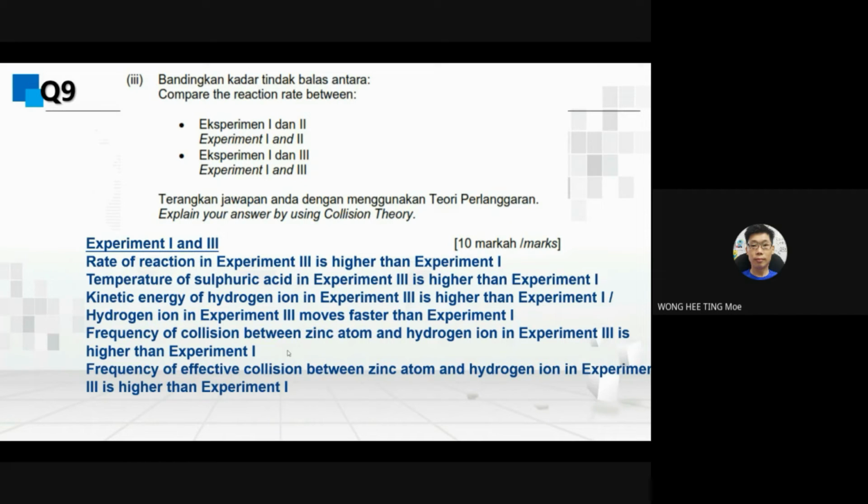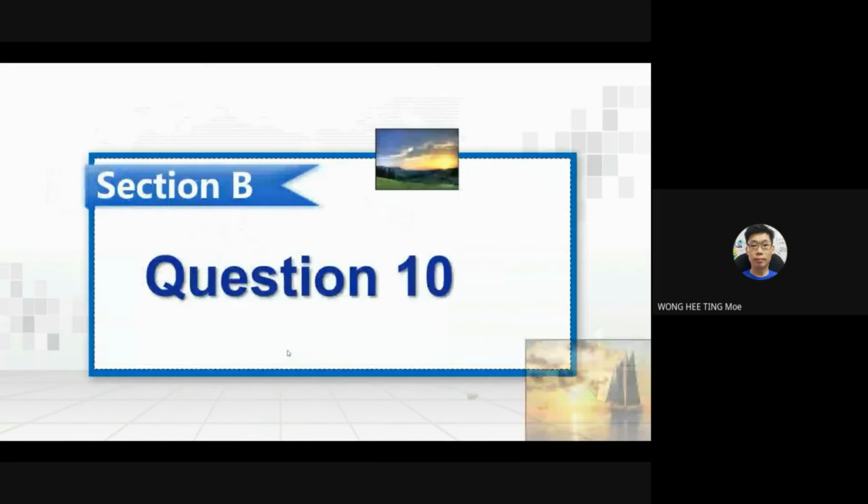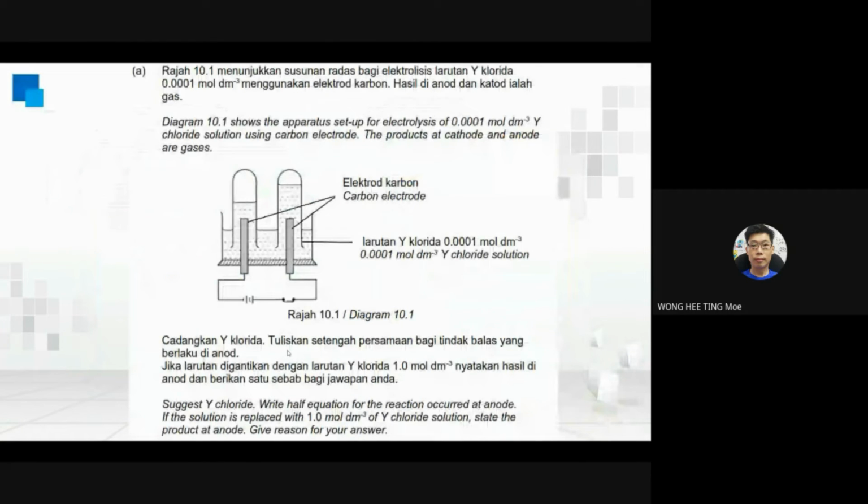Okay, now question number 10. So this one is electrolysis of 0.0001 mole per cubic decimeter sodium chloride. So this one is dilute, no? Dilute.